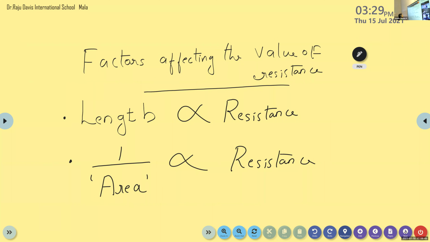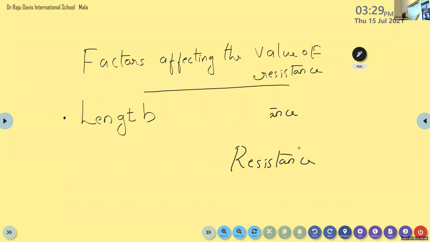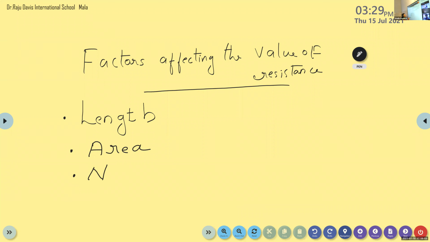The next factor that depends upon the value of resistance is the nature of the material. So the first factor is length, the second factor is area, and the third factor is nature of the material. We cannot say exactly whether it increases or decreases; it depends upon the nature of the material.